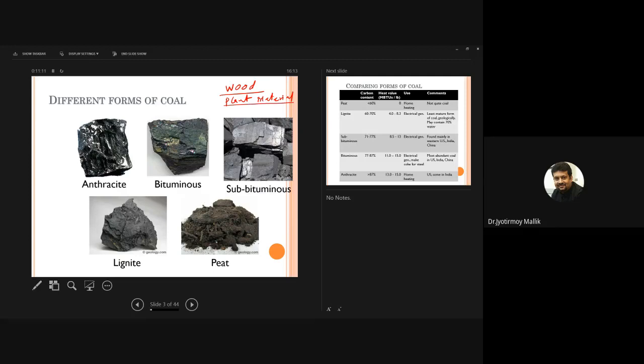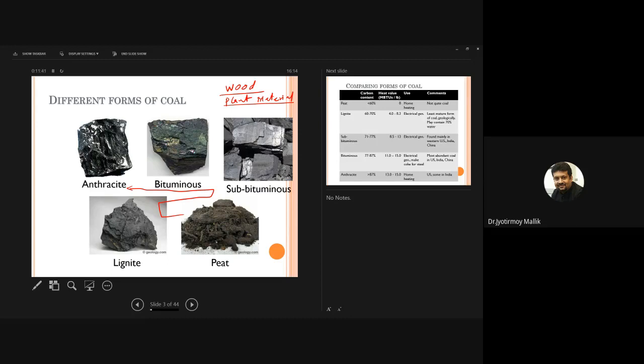When it is buried under the earth, it suffers certain pressure and temperature, and it goes through this process of coalification. So it initially creates peat, then it forms lignite, which is a little bit matured coal, then subbituminous, bituminous, and anthracite.